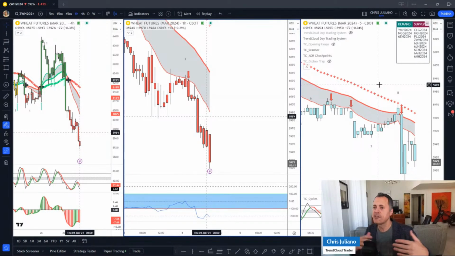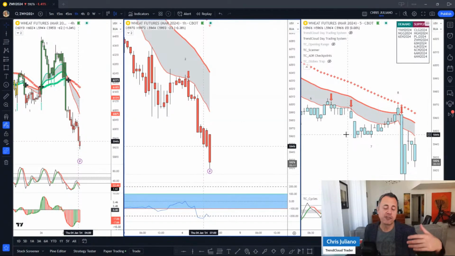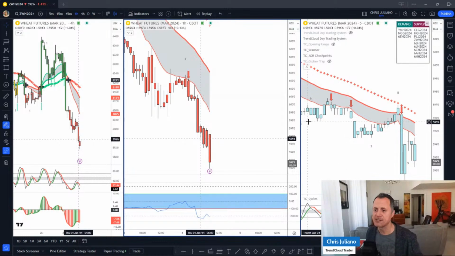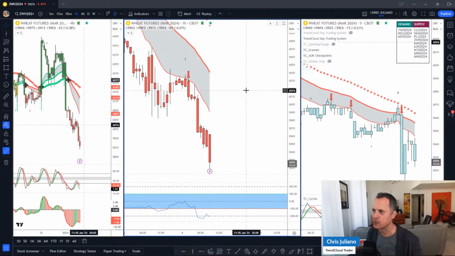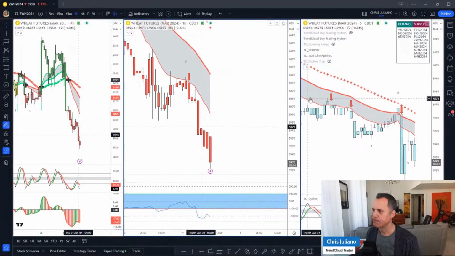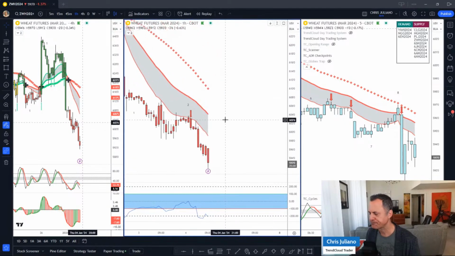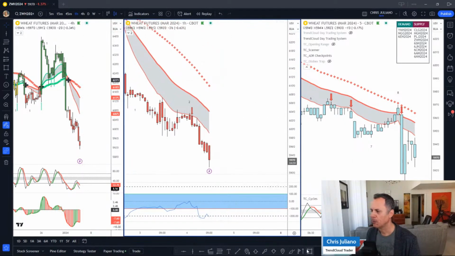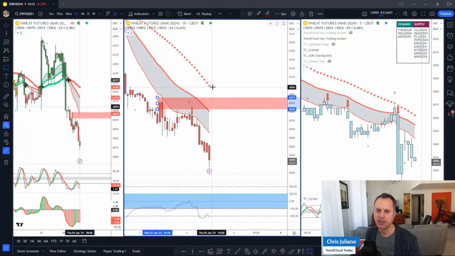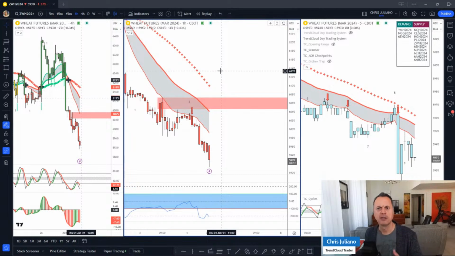Because you can't just take every supply and demand zone, and that's the one thing with Online Trading Academy, especially if you're a beginner. You can't just rely on supply and demand zones alone, right? There's a process.